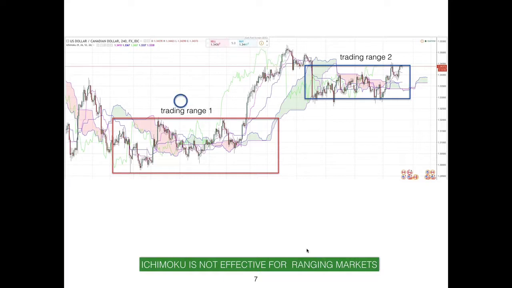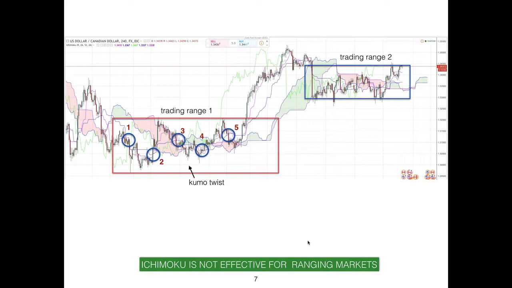For example, in trading range number 1, price crossed above and below the Kijun Sen at least 5 times within this short time frame. The Tenkan Sen also crossed above and below the Kijun Sen with price.